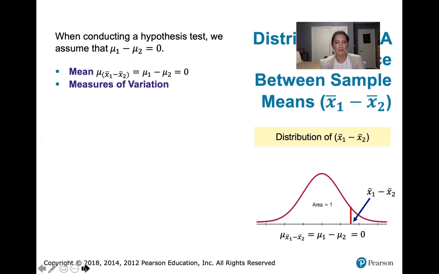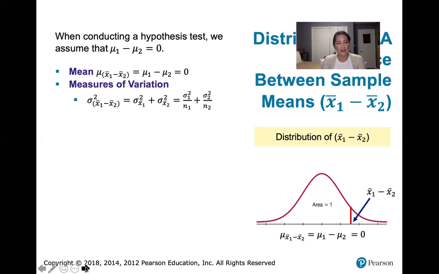And then we would have measures of variation that are necessary in order for us to convert between this x sub 1 bar minus x sub 2 bar that we have into the test statistic t that we'll want and need here. Now, in order to do that, we have to remember that fact that we talked about earlier.